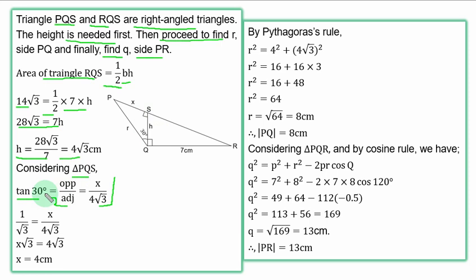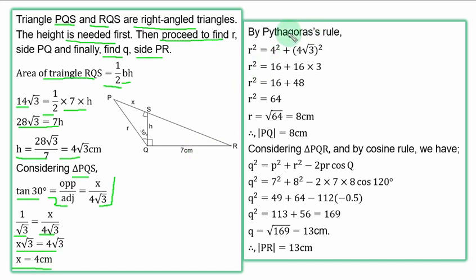From special angles, tan 30 degrees is equivalent to 1 over root 3, equal to s over 4 root 3. If you cross multiply, you have this result. Divide through by root 3, s is equal to 4 centimeters.